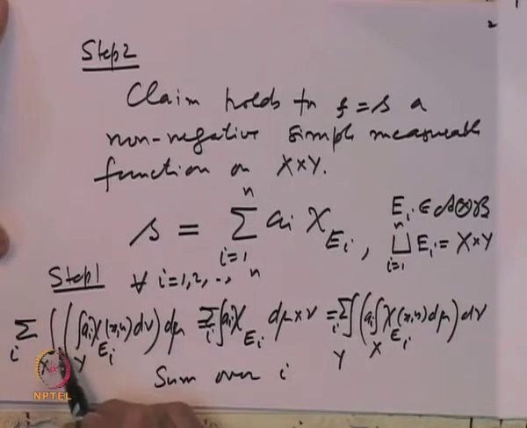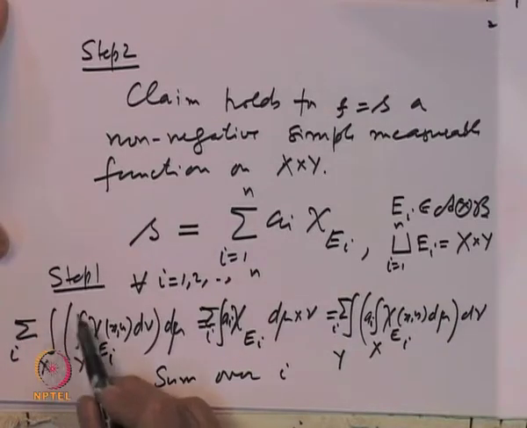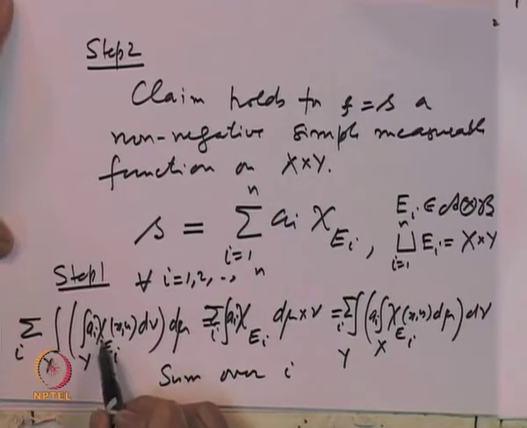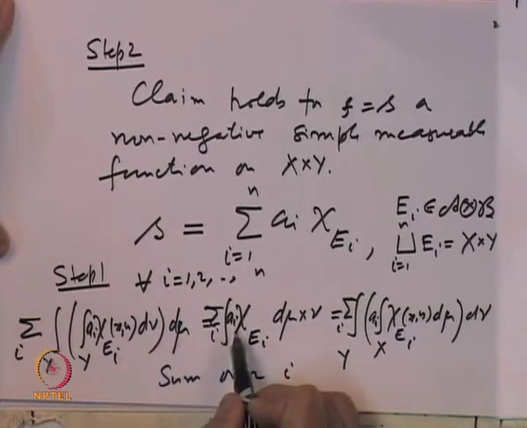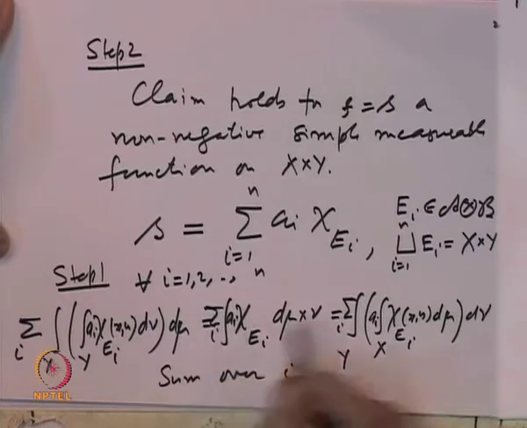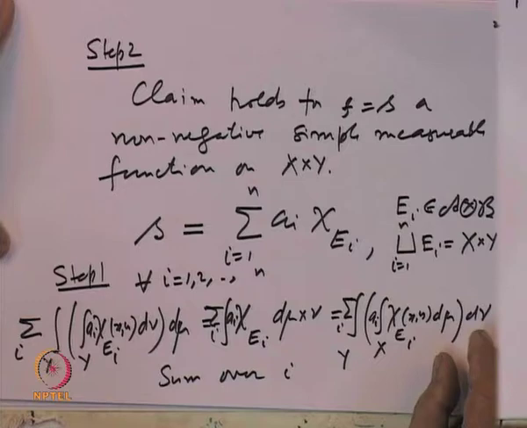Now, integration being linear, I can take the summation inside. So, when I take this summation inside the integral and then again inside, I will get the summation of a_i times the indicator function of E_i integrated with respect to nu, and then integral with respect to mu. This is more of writing than understanding.